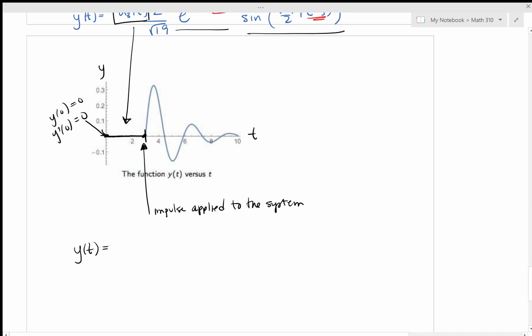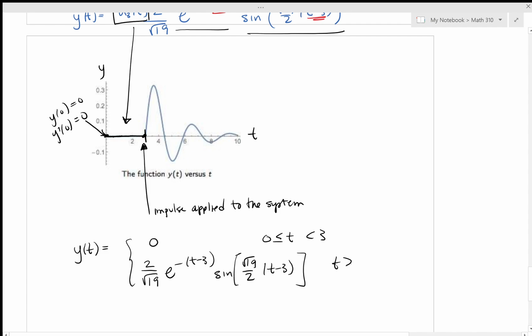We could write y of t is equal to 0 for 0 less than or equal to t less than 3, and then afterwards it's equal to 2 over root 19 e to the minus t minus 3 sine square root 19 over 2 t minus 3, like that, for t greater than or equal to 3. Okay, so we can get a complete breakdown of what happens after the impulse is applied.